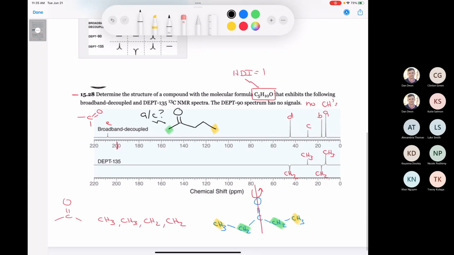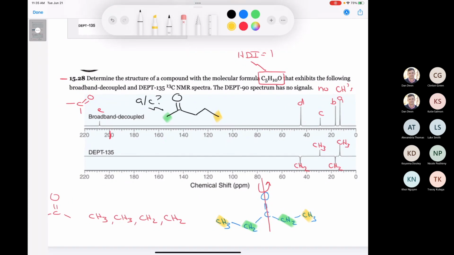If you look at A and C, you see that C is more de-shielded than A. That means it's closer to something that's withdrawing electron density, like the carbonyl, which is an electron withdrawing group. And so this carbon, the one that I have highlighted in green, would be C. The one that I have highlighted in yellow would be A. The one up here must be the carbonyl carbon, E. And then between D and B, again, D is the most de-shielded, so that's the one that's going to be closest to the carbonyl. So this would be D, and this would be B.